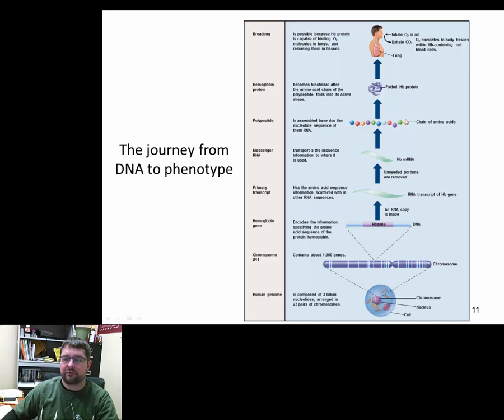Then that amino acid sequence comes free of the ribosome and starts to fold, and it folds in a certain form based on the amino acid sequence. That gives you the HB protein, which we call hemoglobin protein, which we find inside red blood cells and which allows us to carry oxygen and carbon dioxide, to oxygenate cells and rid our body of carbon dioxide gas.